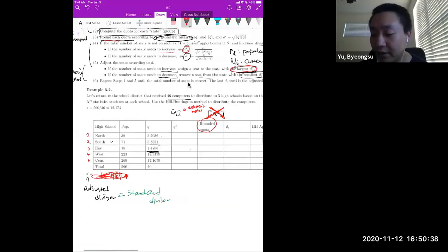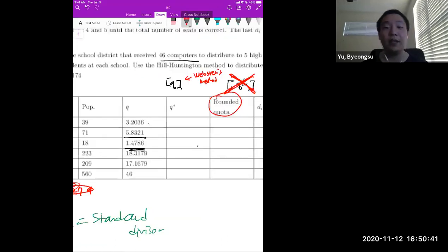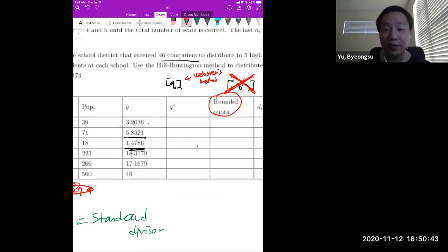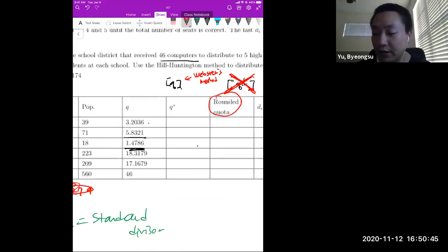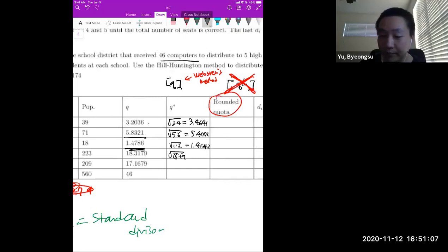If you calculate Q star, it is the same: root of 3 times 4, which is 3.4641. This part you don't need to change from the previous lecture note.